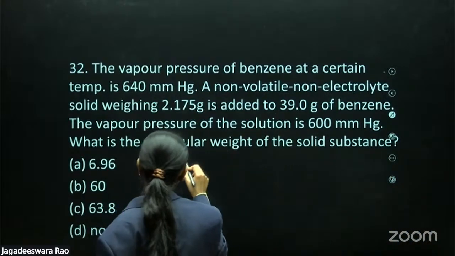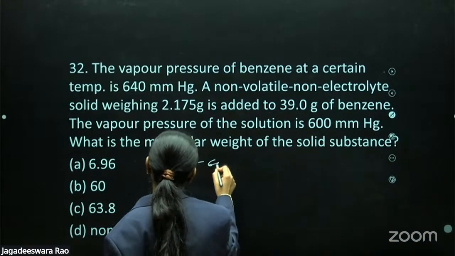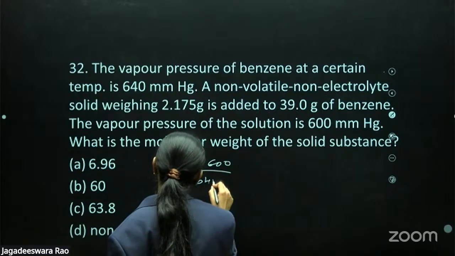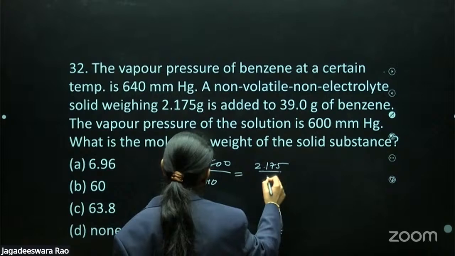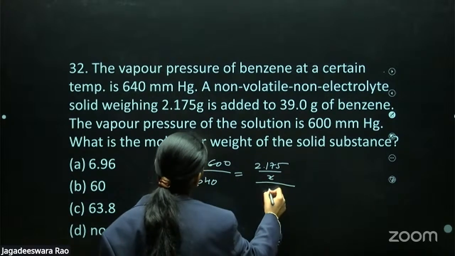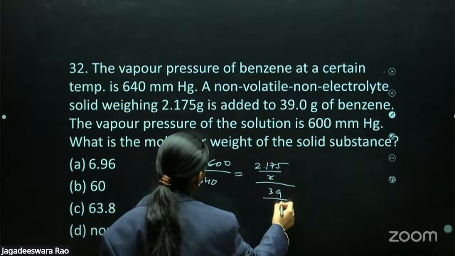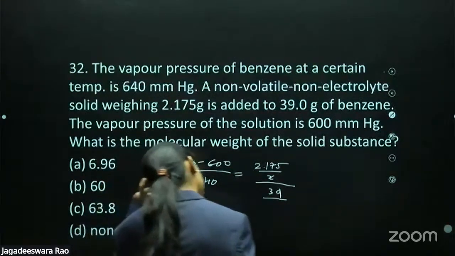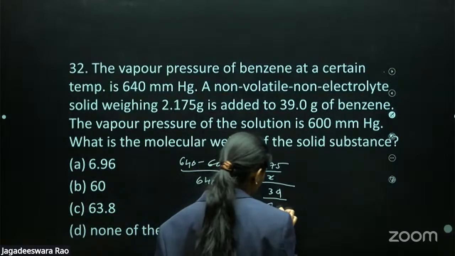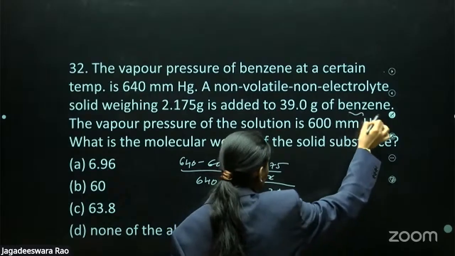Initially it was 640, now it is 600, so (640 minus 600) by initial 640 is equal to 2.175 by x divided by 39 divided by benzene. Benzene mass is C6H6, 78. Yeah, benzene is the solvent, no? That's why.